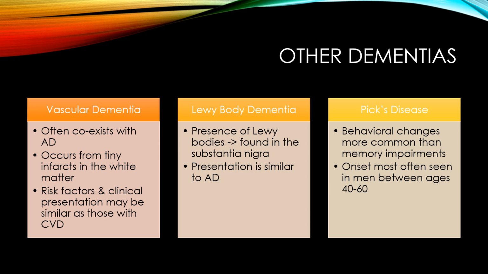Presentation is similar to Alzheimer's dementia, but they do have those hallucinations. They can have balance problems and movement issues as well. And Pick's disease: behavioral change is more common than memory impairments, and onset is often seen in men between the ages of 40 and 60.